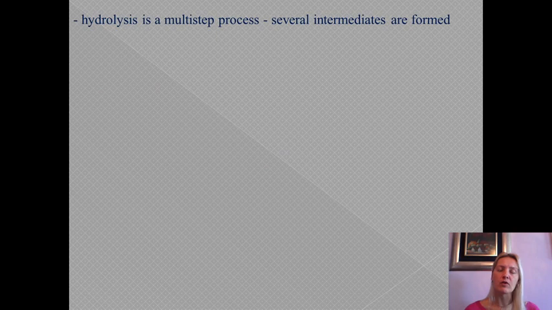But be careful. This hydrolysis is a multi-step process, so it occurs at several steps and several intermediates are formed. Those intermediate products are called dextrins, and here is the list of subsequent dextrins which are formed, each of them with a smaller or lower molecular mass.